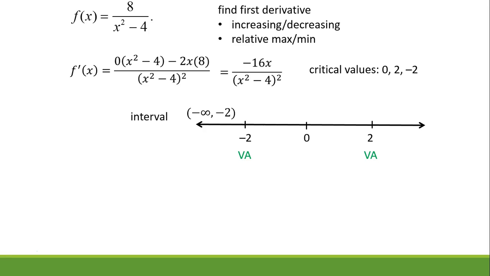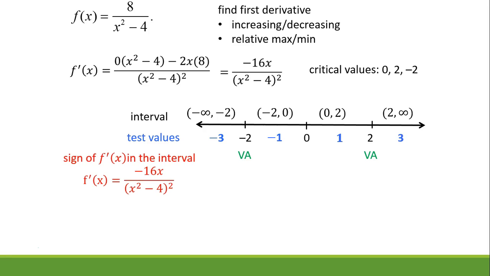So if we find a test value in each of the intervals, and substitute those test values into our first derivative to find the sign, we'll find out that in the first interval, our first derivative is positive. From negative 2 to 0, our first derivative is also positive. From 0 to 2, our first derivative is negative. And from 2 to infinity, our first derivative is also negative.